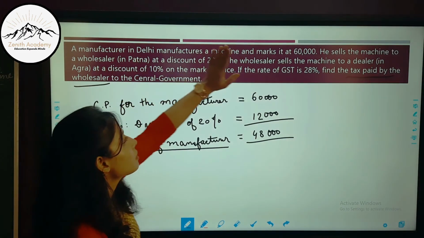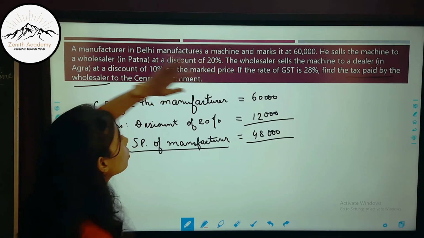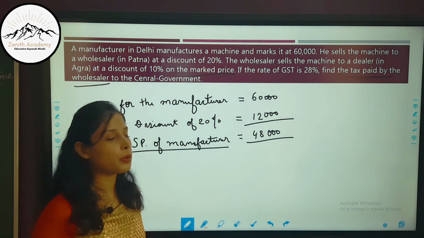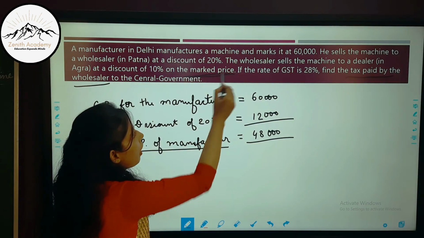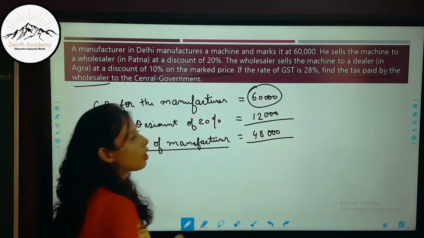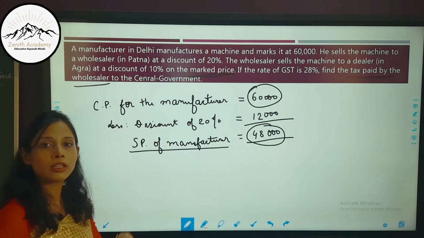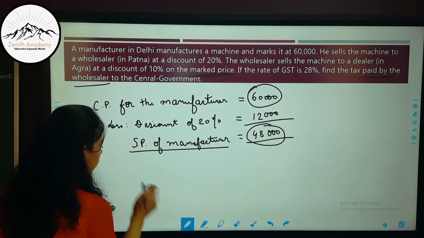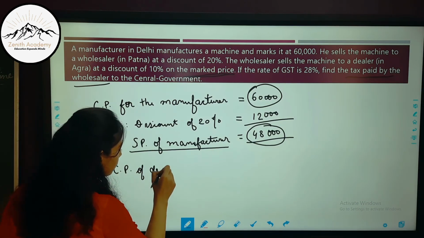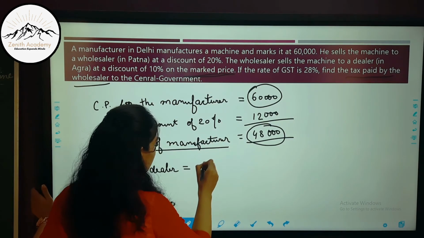This wholesaler sells the machine to a dealer in Agra at a discount of 10% on the marked price. Now here, please be careful while reading the question. This is given to us as marked price. Discount is on the marked price. So we need to calculate the discount on 60,000, not the selling price of the manufacturer, which will in turn be our cost price. Okay. Cost price of dealer is equal to, we will take it as 60,000.